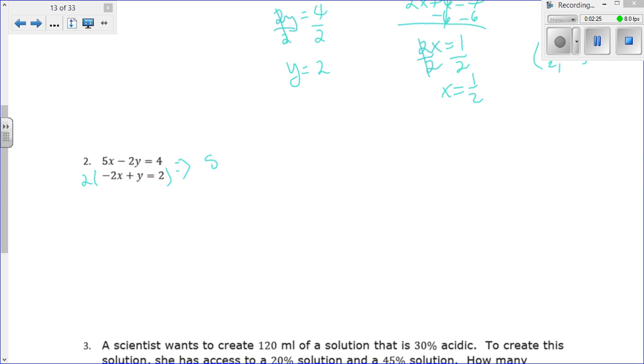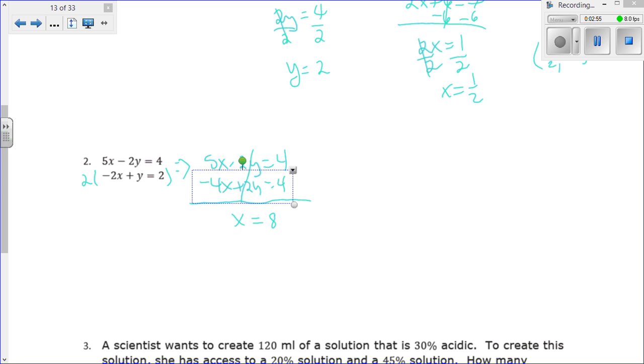So I will have 5x minus 2y equals 4 over negative 4x plus 2y equals 4. So my y's cancel out, and I just have x equals 8.